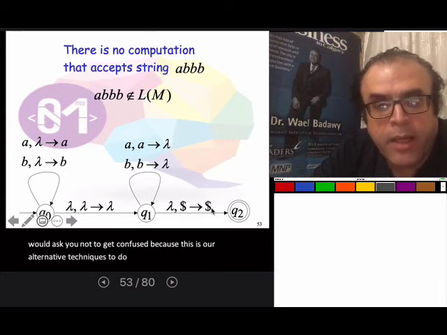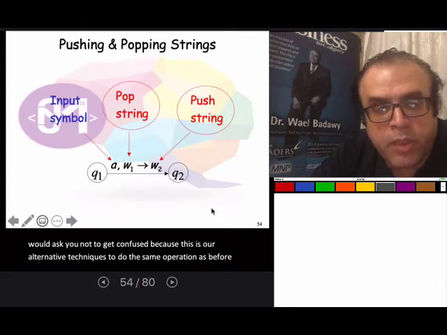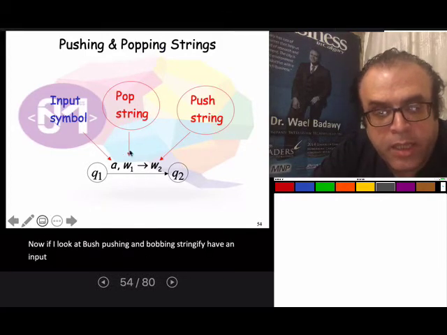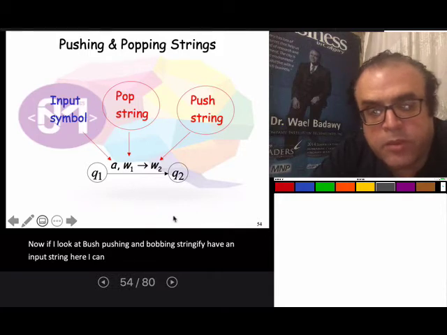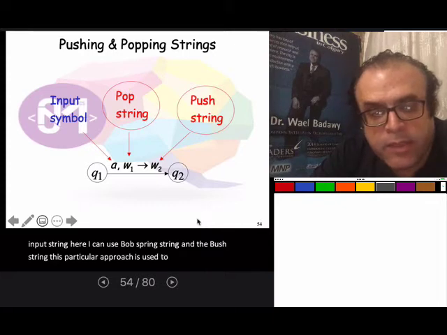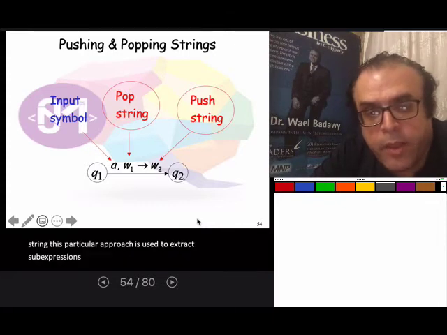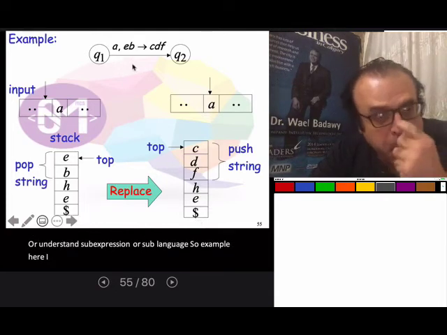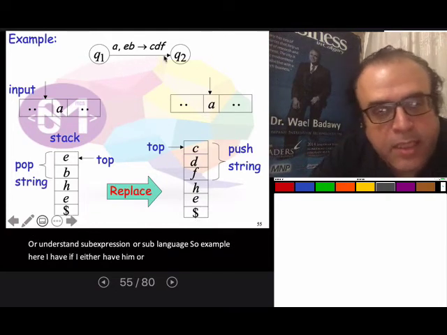Now, if I look at pushing and popping strings, if I have an input string here, I can use the pop string and the push string. This particular approach is used to extract or understand sub-expressions or sub-languages. So in the example here, I either have A, or I replace EB with CDF.